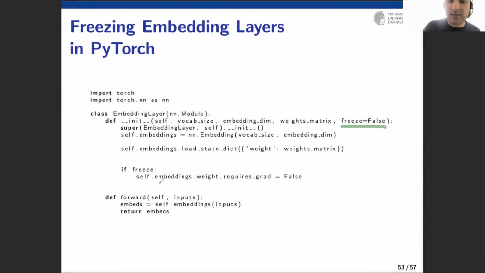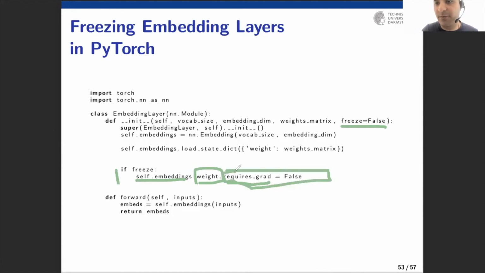So the only thing that we say is that if freeze is true, self.embeddings.weight, which is the word embedding matrix that we have in the embedding layer, requires_grad equals false. When we set this property to false, PyTorch understands that this should not be included in the parameters during stochastic gradient descent.